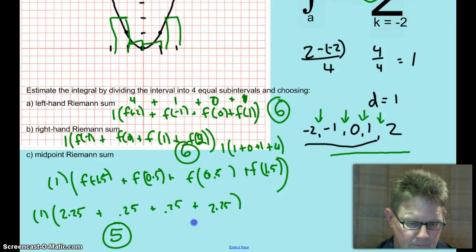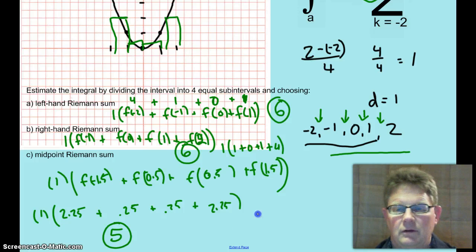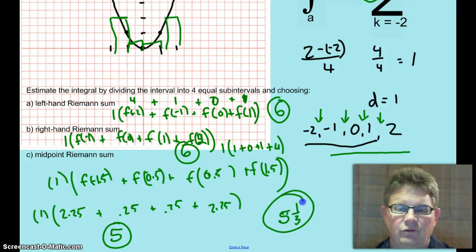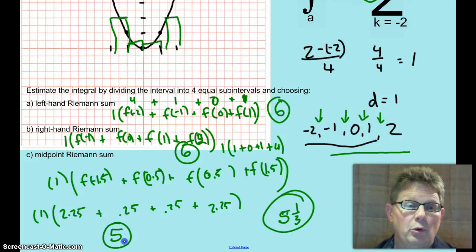If you actually did the integral the way we've already done definite integrals, we'd find out that it was 5 1/3. The midpoint Riemann sum, I've never seen it where it hasn't been the closest approximation to what it is in reality.